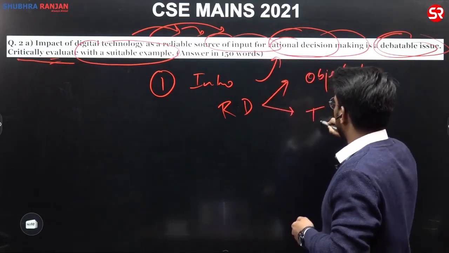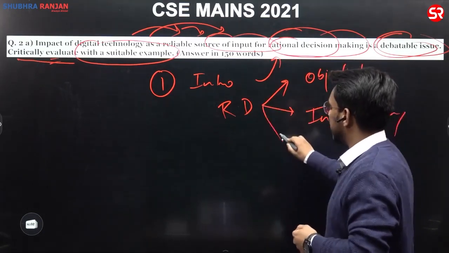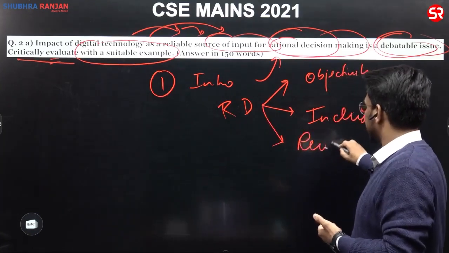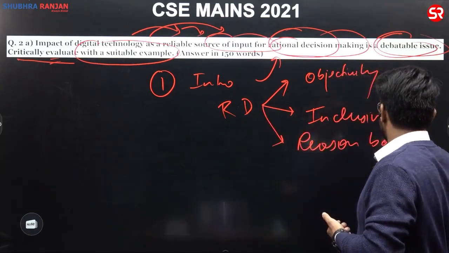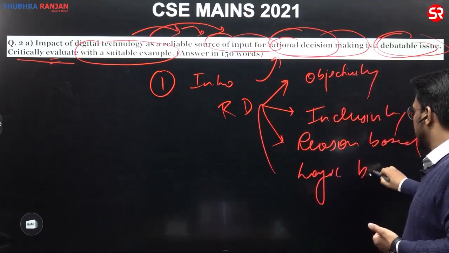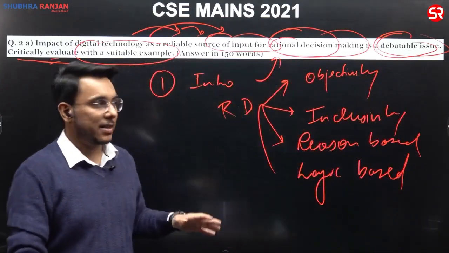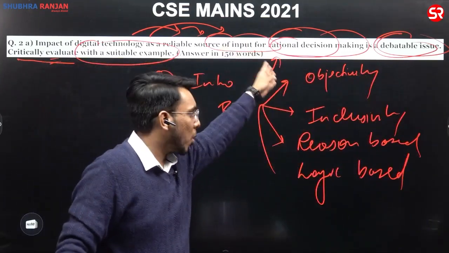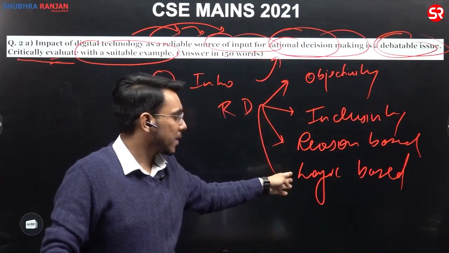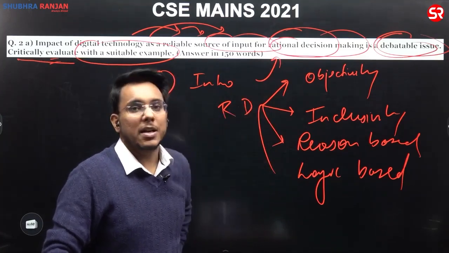Second, it needs to have an element of inclusivity. A rational decision is one which will be reason based. So these are certain of the core characteristics of a rational decision. It will be objective, inclusive, reason based, and logic based. Is it clear? All these are the features of a rational decision.